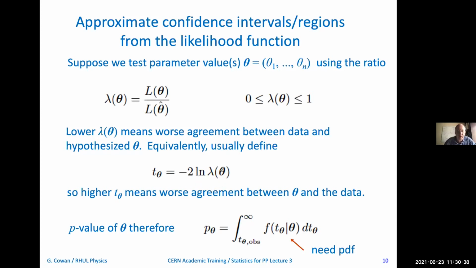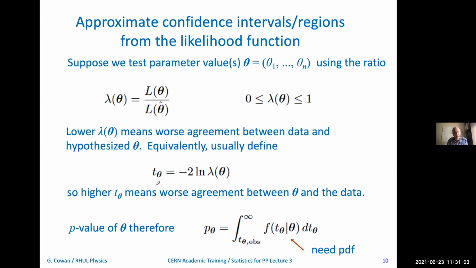So now, for example, if lambda is close to 1, then t is going to be low, right? If poor agreement means low lambda, that means t is high. So you can think of the statistic t(theta) as being something like a chi-squared variable, right? High values correspond to bad agreement between the hypothesized theta and the data.